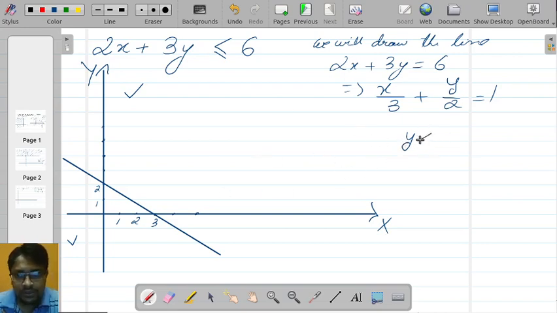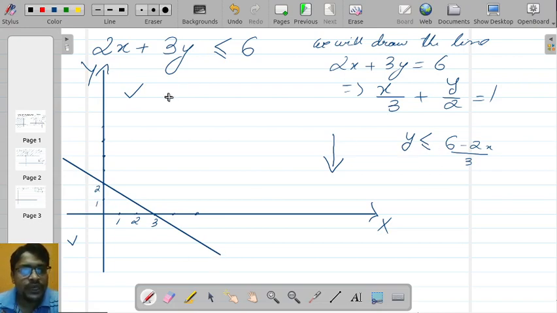Y is less than or equal to (6 minus 2x) by 3. So y equal to (6 minus 2x) by 3 is this line. So y less than or equal to (6 minus 2x) by 3 will be the portion below this line, because the value of y will decrease as we go down. So this region is below this line.